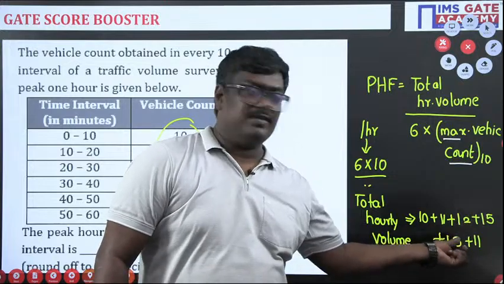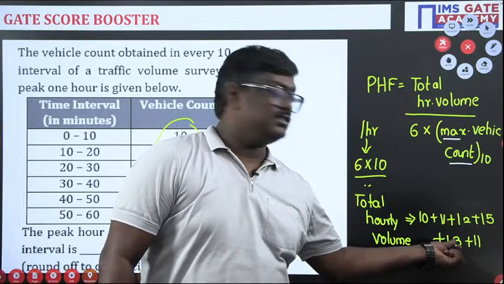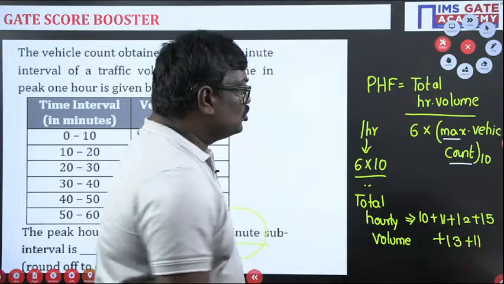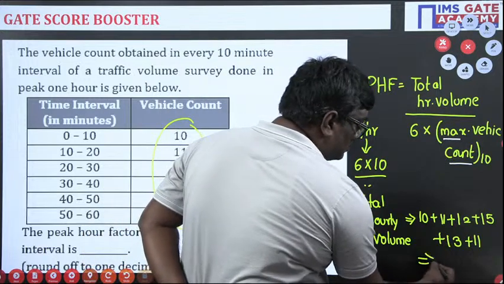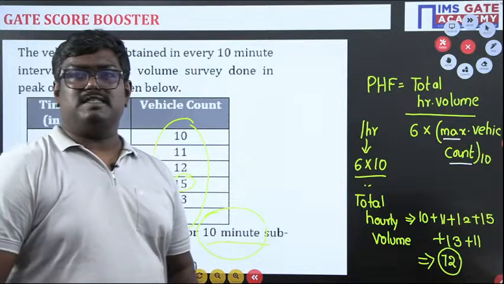So 10, 21, 33, 48, then 13, it is 61, 72. So total hourly volume is 72.